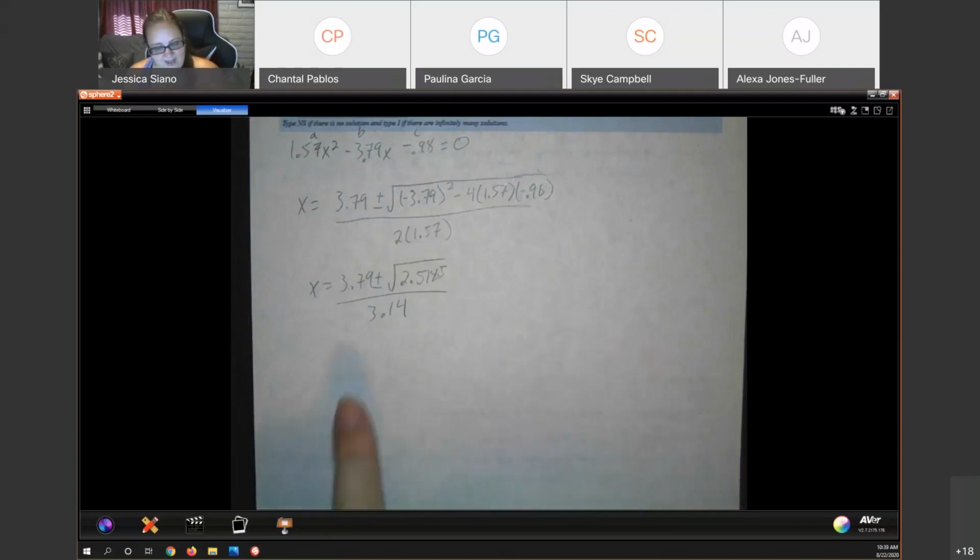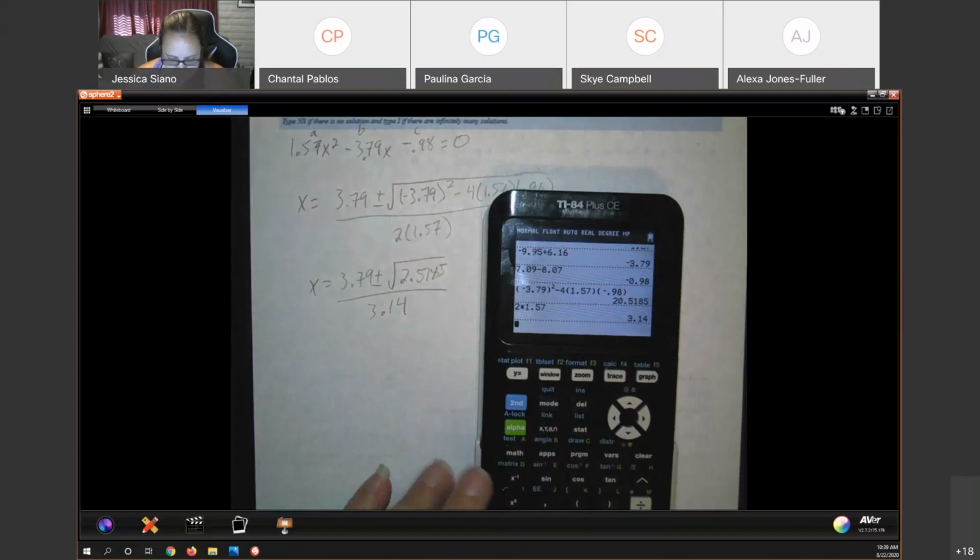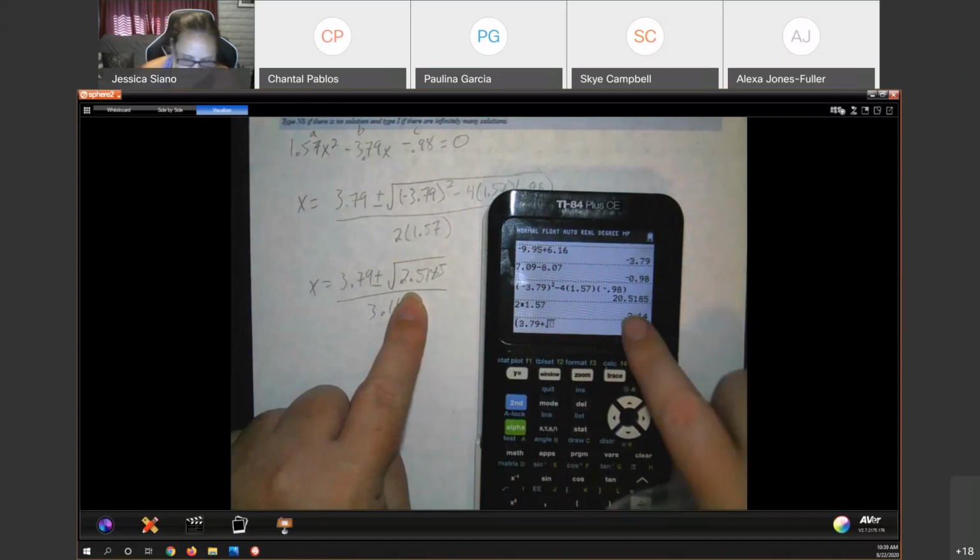I think, oh no, they don't even want the exact. So they just want rounded. So let's figure out my rounded for this. So we need parentheses, not that many parentheses. 3.79 plus the square root of, oh, I forgot my 0 right here.